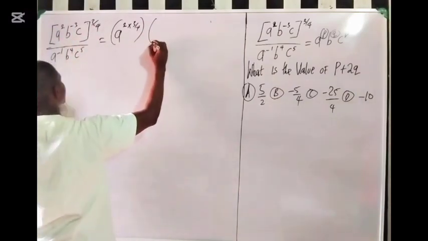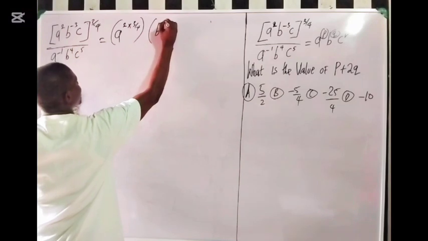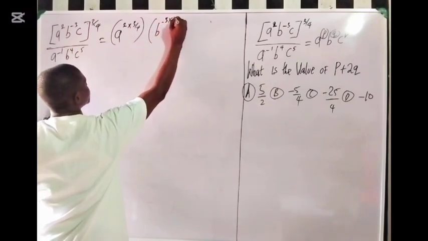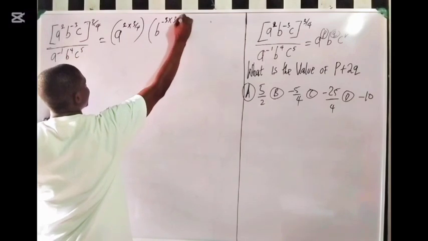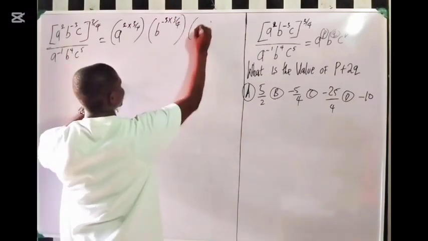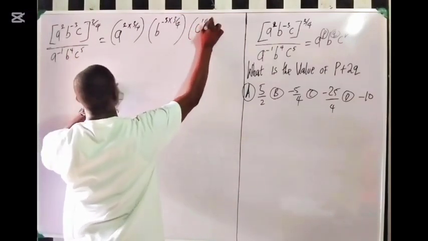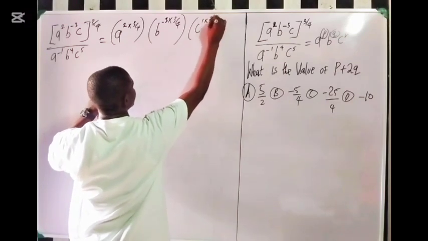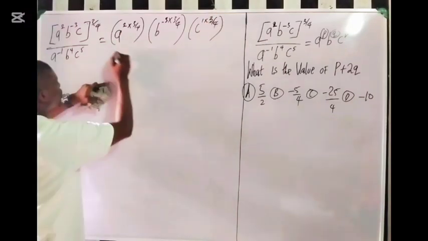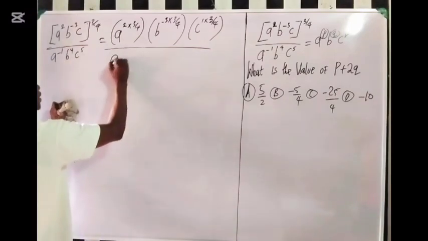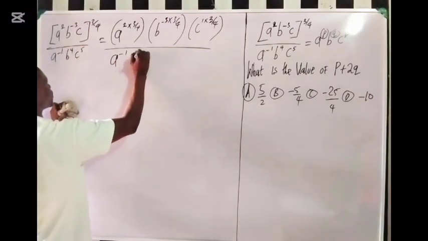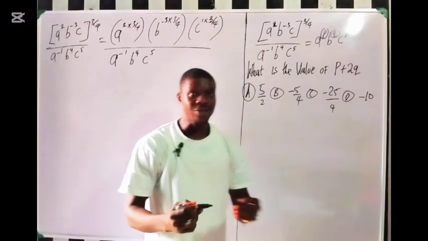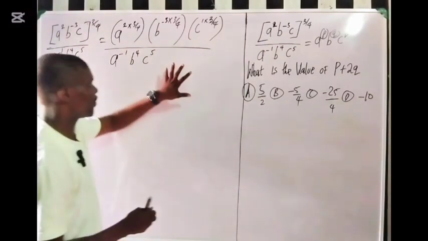Same here, B raised to minus 3 times 3 over 4, and C, remember here is 1 times 3 over 4, over, let us push on here, A raised to minus 1, B raised to 4, C raised to 5. Hope you understand. It's very easy. Most seriously, it's very, very easy here.